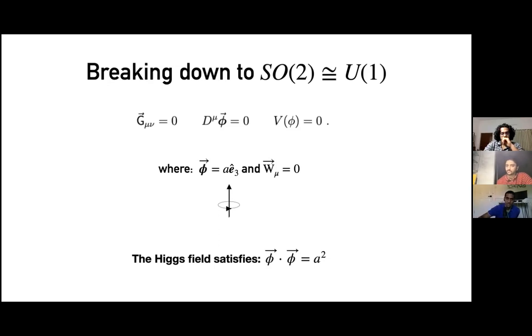The idea is, you give me a vector in three-dimensional space. A vector is not going to be SO(3) invariant, but it's going to be SO(2) invariant, right? It's going to be invariant under the rotations along the axis. So that is what happens when we choose solutions satisfying all those vacuum conditions we identified, which are given by some constant vector in this internal three-dimensional space.